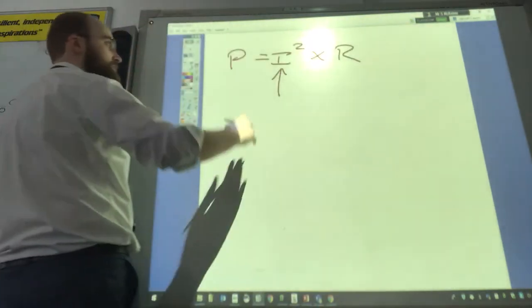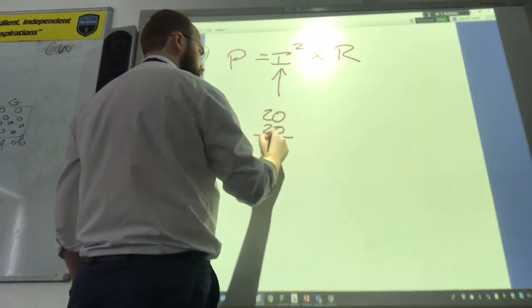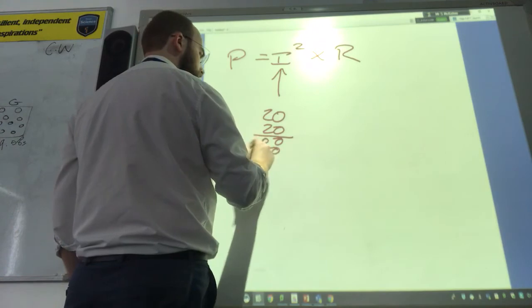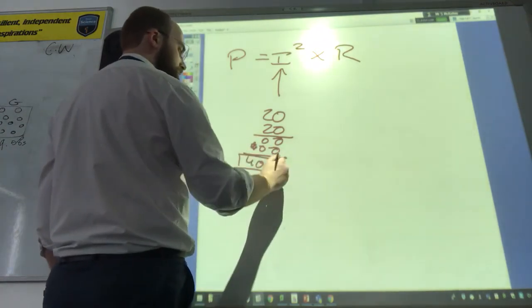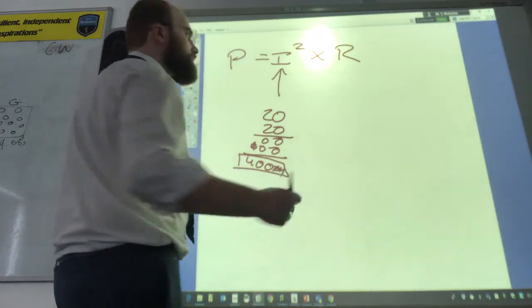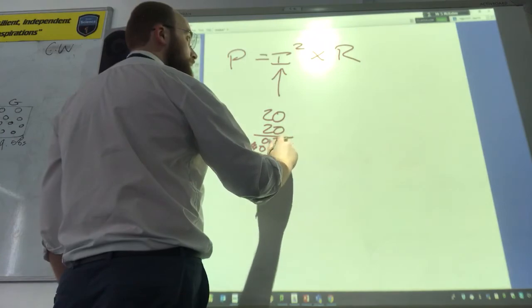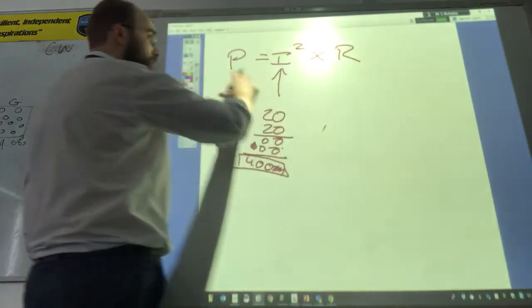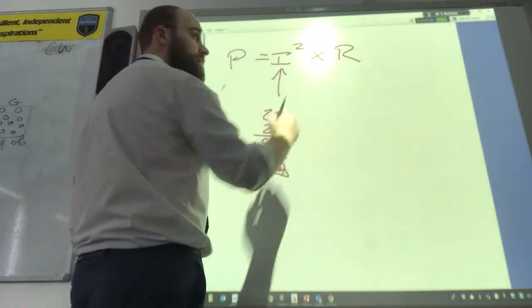That's incorrect, but let's just pretend. 20 squared is a lot. 400, is that right? Okay. It would be 400 multiplied by the resistance, which let's say is 1. So the power loss would be 400 watts. If I change it down to 2, it will be 4 watts.